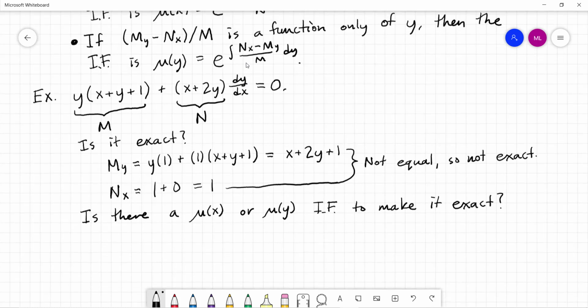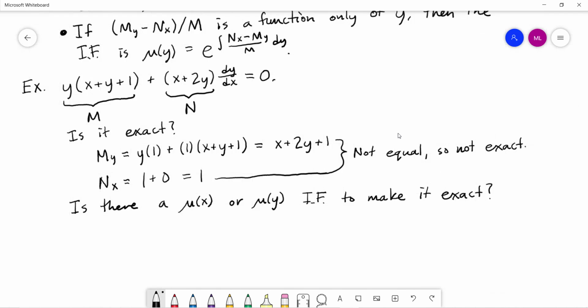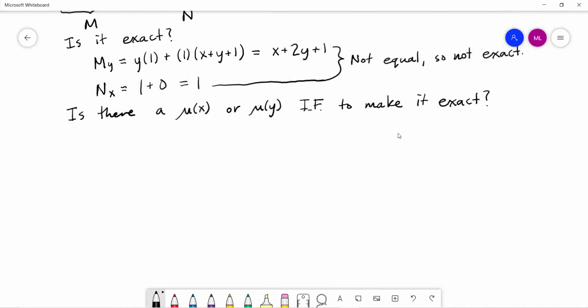And again, the check that we have to do is just check to see if these combinations here and here wind up being functions of only x or only y. So let's check to see if either of these is a function of just one of those variables. It doesn't matter which order, just pick one. Let's check if the M_y, they're going to be easy because they're basically very similar. M_y minus N_x over N is a function of only x.